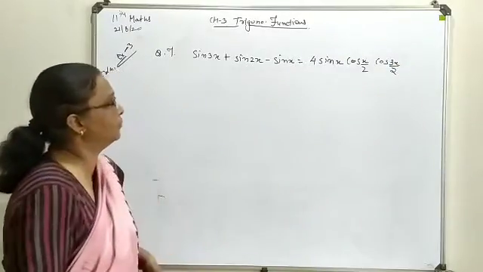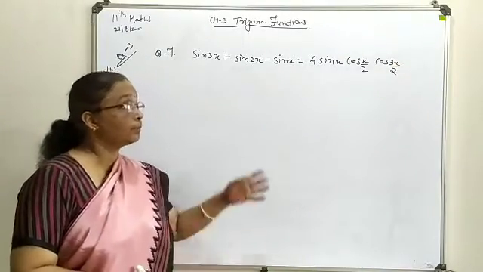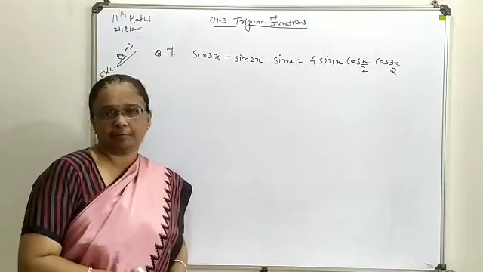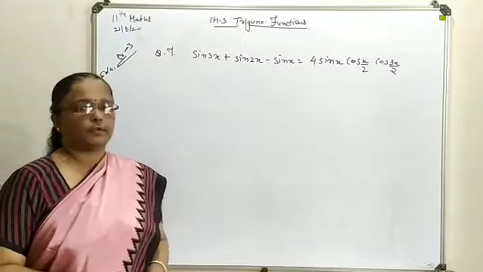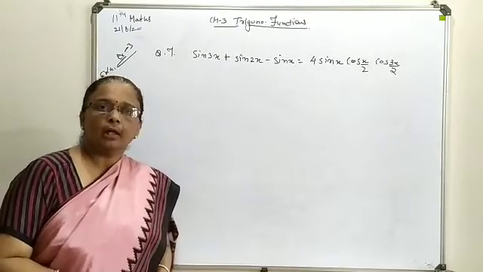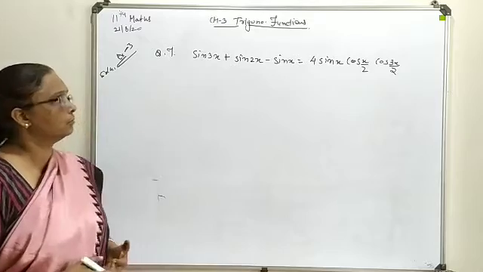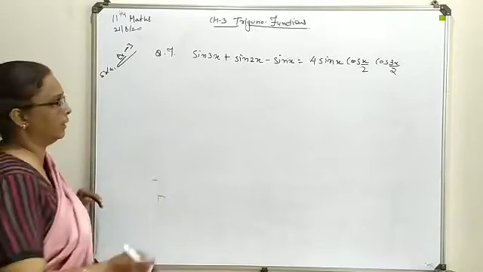Up to now, in the questions we have attended, we have not written half angle anywhere. But in this question, on the right hand side, if you look at the cos term, your angle is coming with the half combination. So let's try to attain the same.